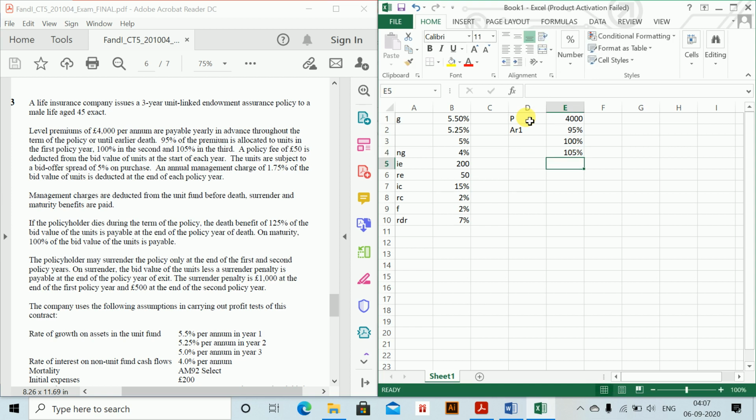So different here. Policy fee 50 is deducted. Units are subject to a bid offer spread, so bid offer spread is 5%, and annual management charge MC is 1.75%, and so on. Okay, the death benefit is 125%, and maturity is 100%. Surrender penalty 1,000 and 500. So these are the values given to us.